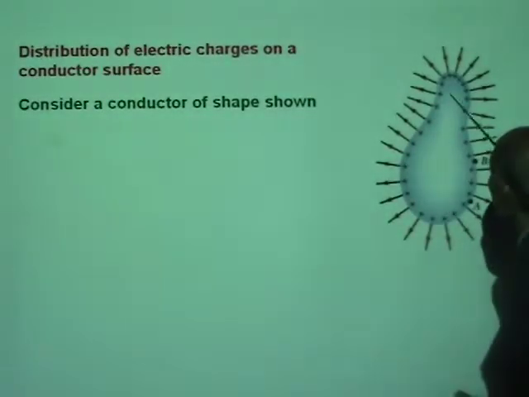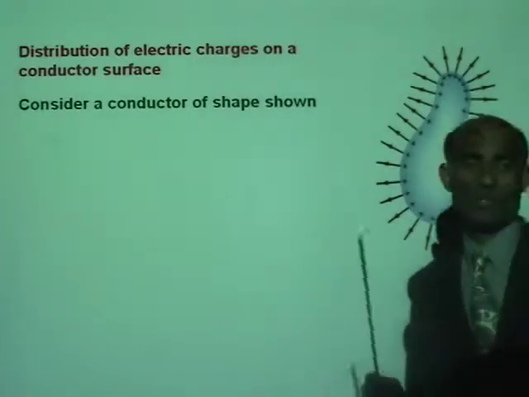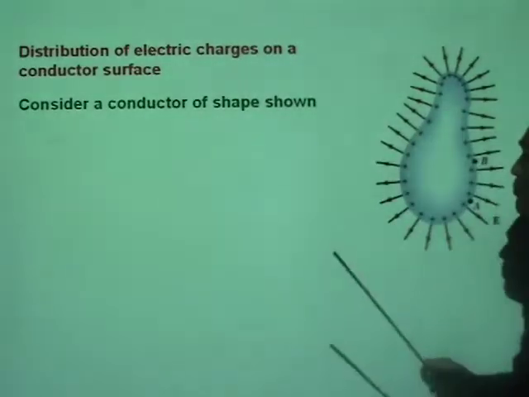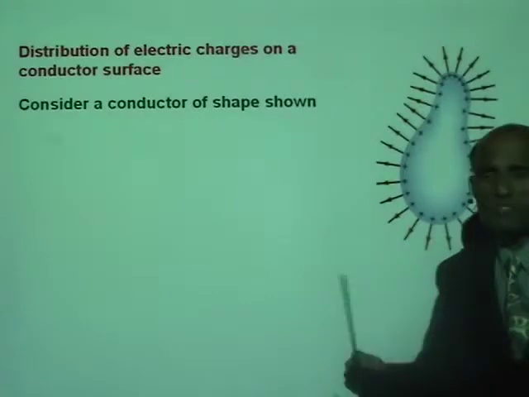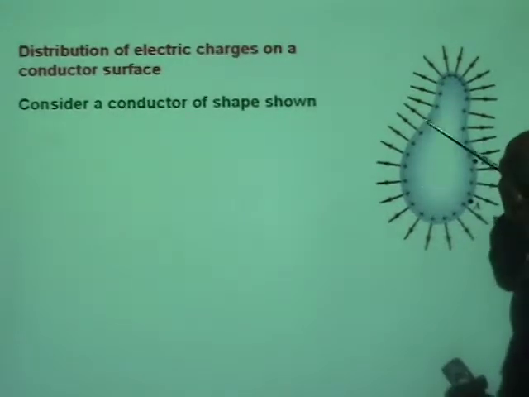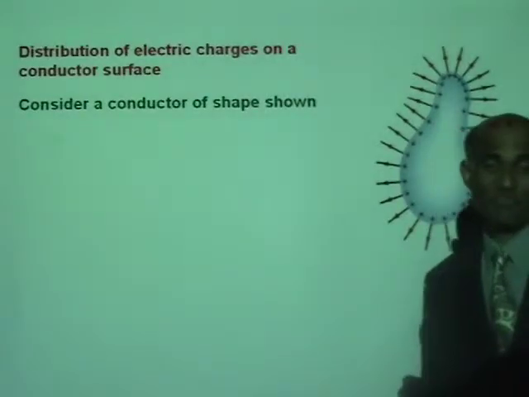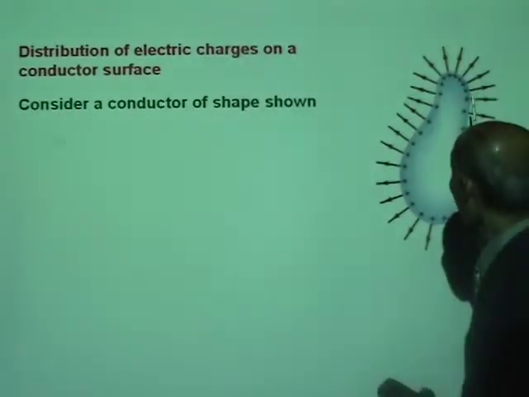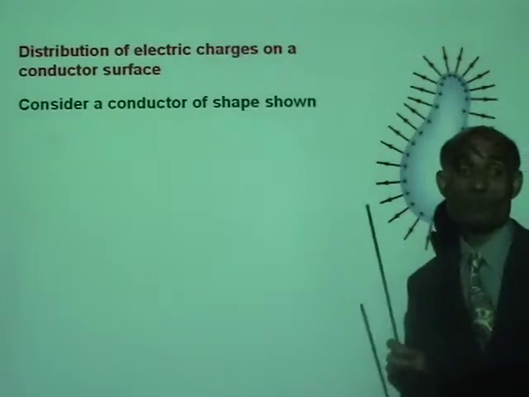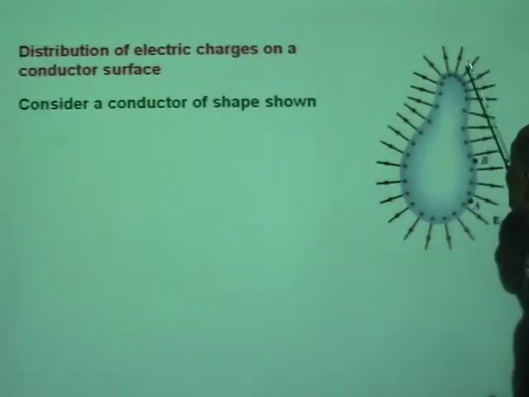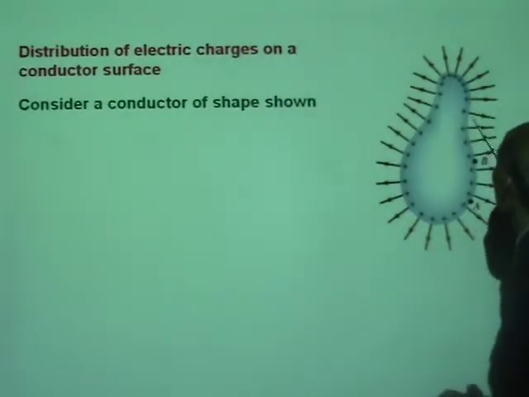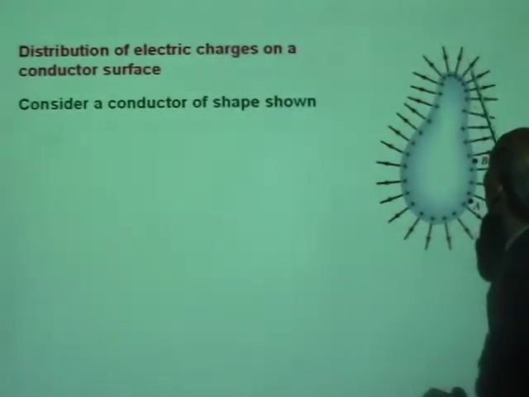If you charge a conductor like this, give some excess charge, how will the charges be distributed? Will the charges be distributed uniformly all over the surface? You can see all the principles we talked about are illustrated here. And everywhere on the surface of the conductor, the electric field is at right angles.